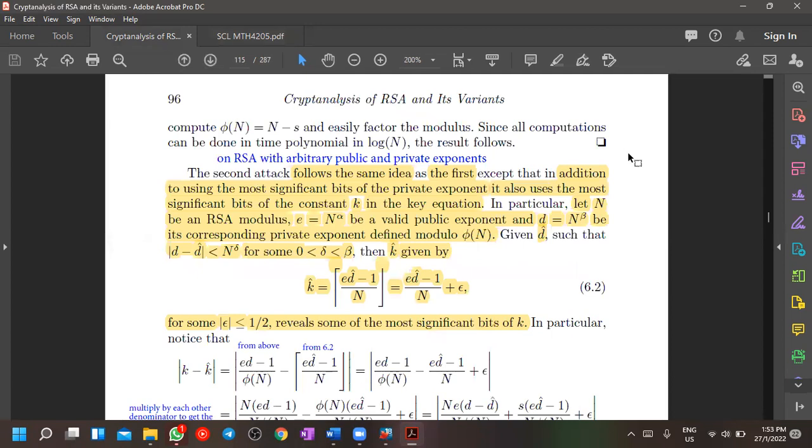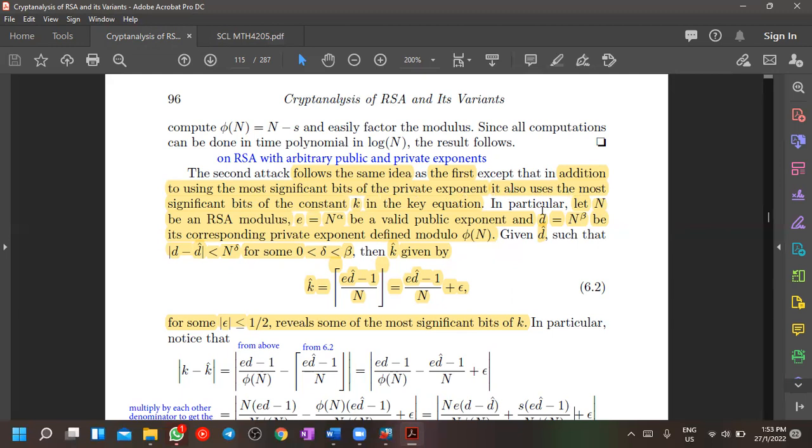Okay, so from page 96, I will be reading the second attack on RSA with arbitrary public and private exponents. It follows the same idea as the first, except that in addition to using the most significant bits of the private exponent, it also uses the most significant bits of the constant k in the key equation.